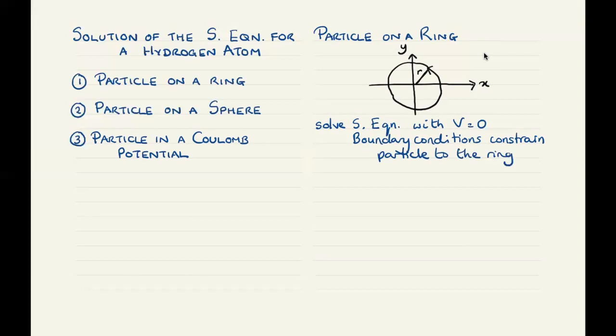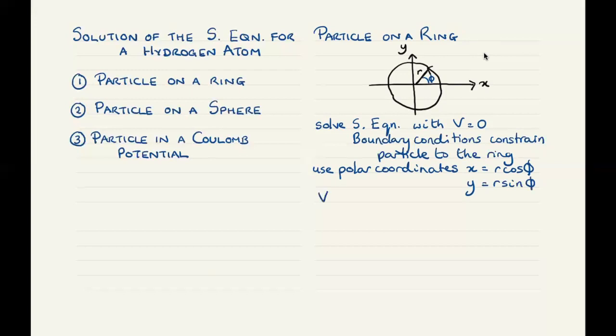And this problem is much simpler if we use polar coordinates. That x is equal to r cosine phi, where r is the radius, and phi is this angle here, and y is equal to r sine phi.